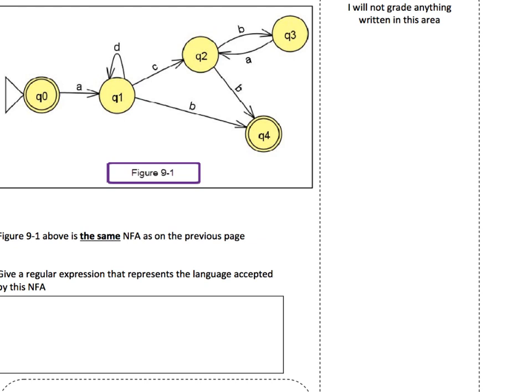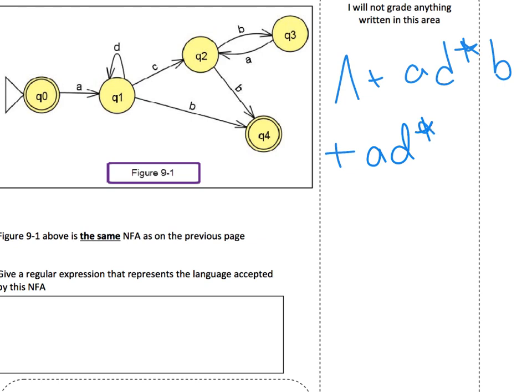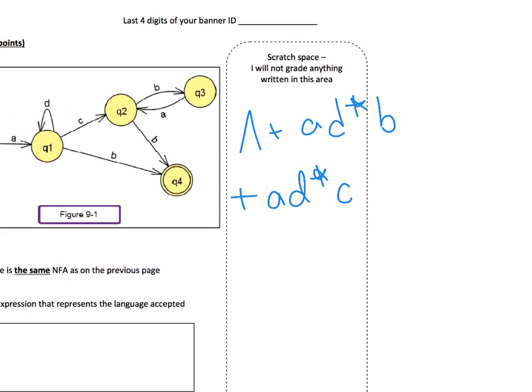So we had lambda plus AD star B plus, and our other choice is to take the C, and then as many of these BA loops as we want, and then the final B. So to write that, we would start with an AD star, and then take a C, and then take as many of those BAs as you want, right? 0 or more times through the BA, and end with a B. So I think that's my whole language.